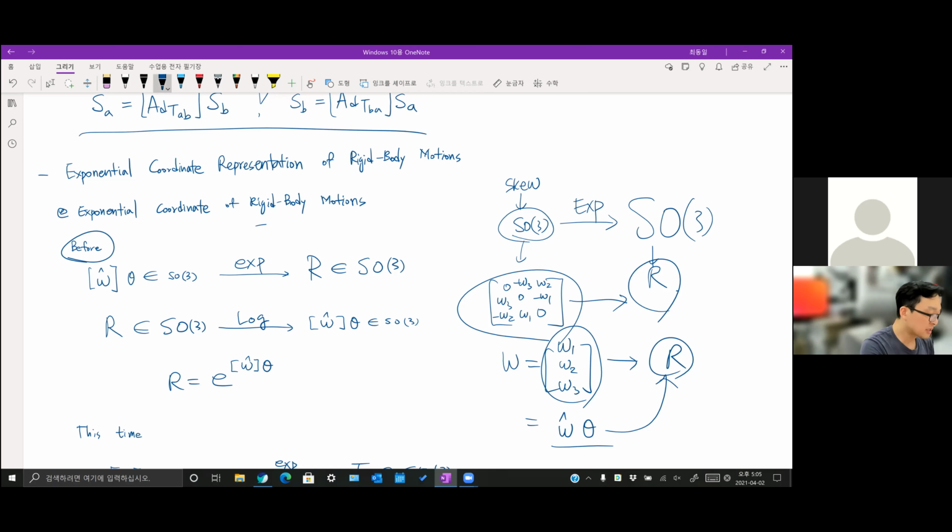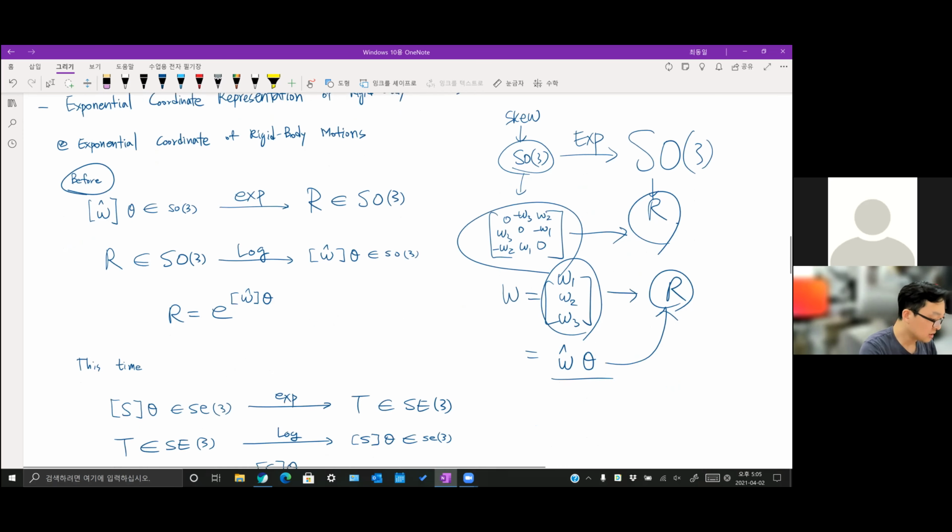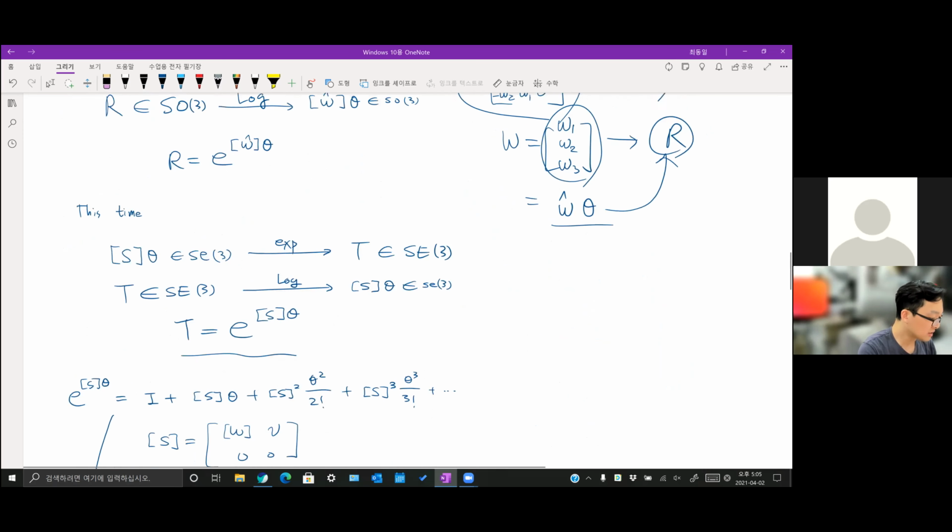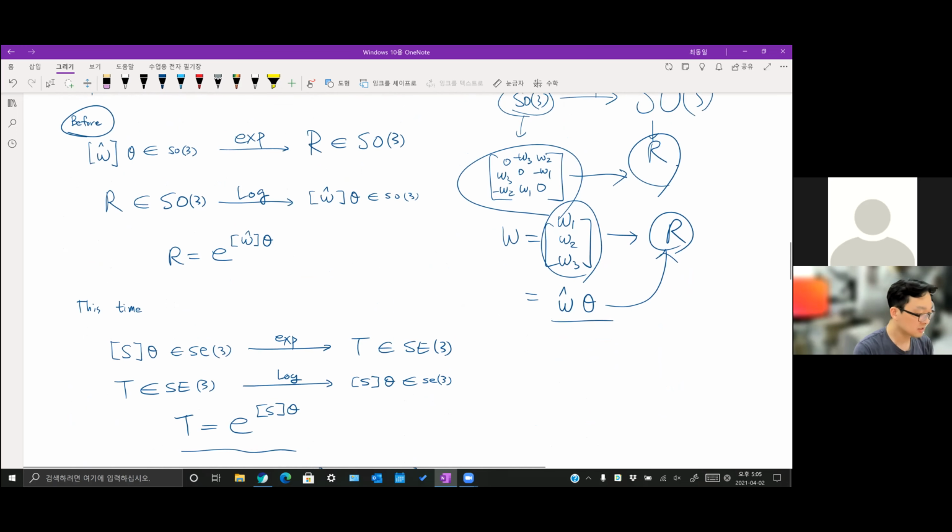But the rigid body motion includes rotation and also translation. So this time, we can expand the concept of SO3 to SE3. This is a special Euclidean group. Euclidean includes the rotation motion and translation motion.